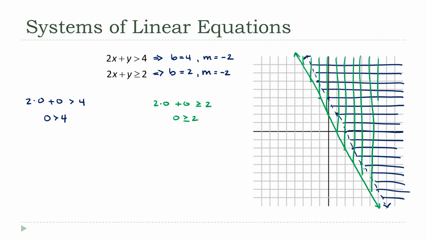Now remember, we want the overlap. So where is the overlap? Well, it's everything to the right and above my original blue line. So it turns out, in this case, this line really isn't relevant. The solution to this system is the same as the solution to this one individual inequality.